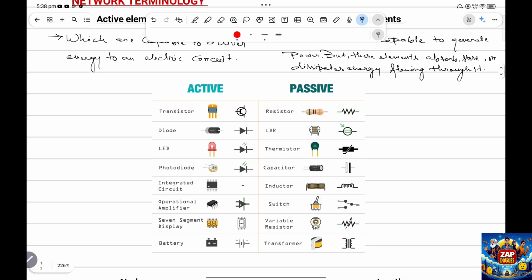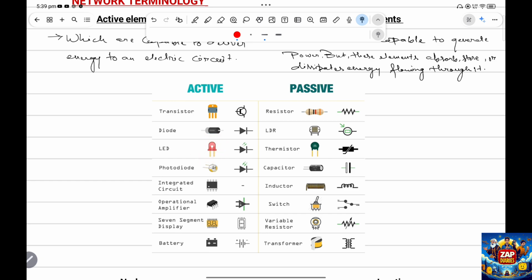Let's take some examples. We have transistors as an active element, because this component actually does deliver energy to a circuit. And also a diode, we have an LED.